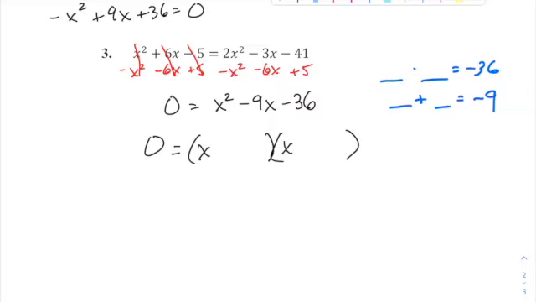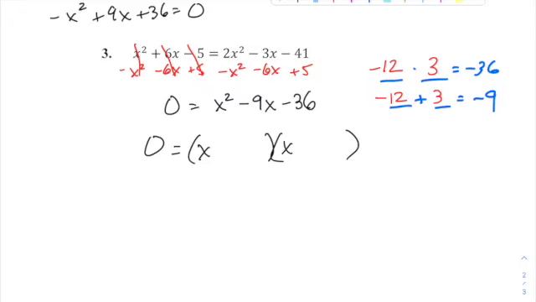You run through your combinations. If you have to make a little list of all the factors, by all means do so. The bigger number is going to be the negative one, since it's adding up to be negative 9. So this is going to be negative 12 and positive 3. That will multiply to give you negative 36, and negative 12 plus 3 is negative 9.